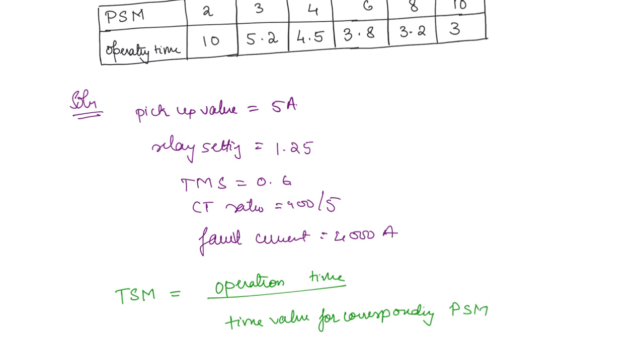If you want the operation time, you need the TSM and this time value. TMS we know, so we need to find this. For the corresponding PSM, we first have to find the plug setting multiplier, and for that we have to find the corresponding operating time.